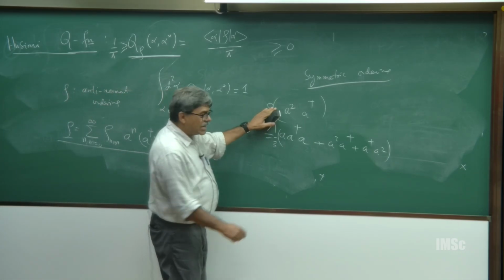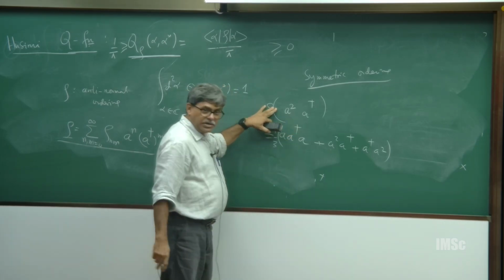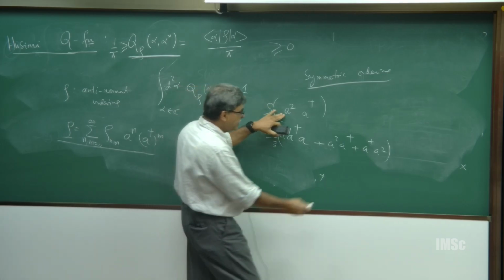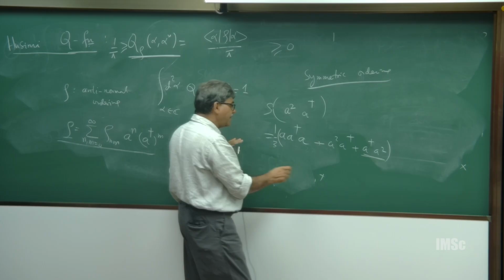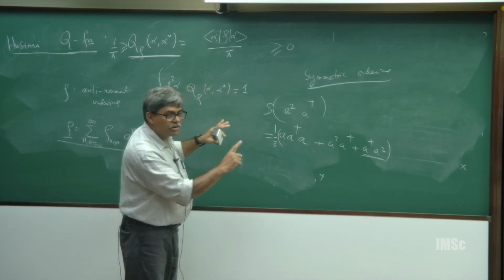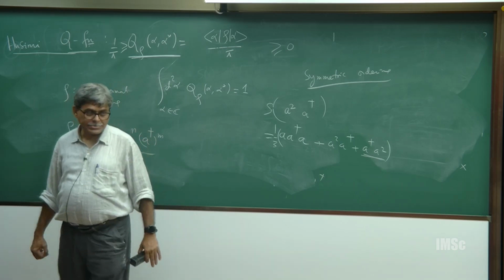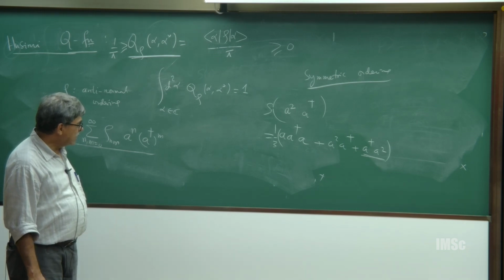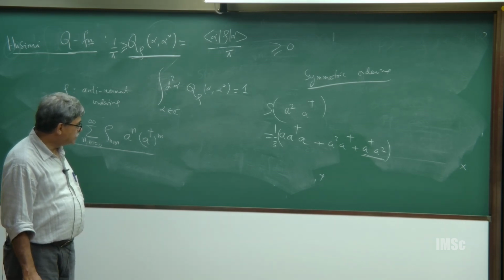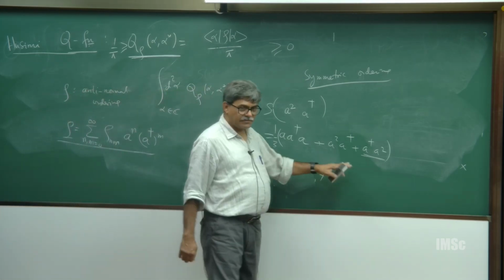This one is your anti-normal ordering, and this is your normal ordering. Symmetric ordering means you should take all possible combinations. That is why I said that you should not give any preference.